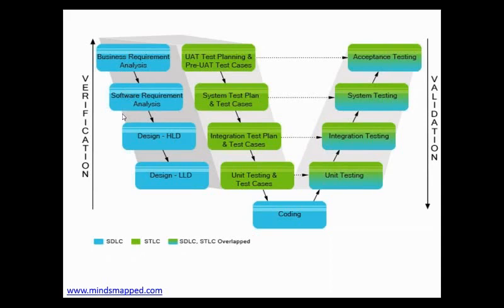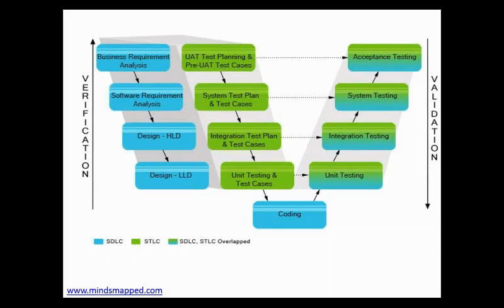Here we are verifying: the low level design document is verified based on the high level design, the high level design is verified based on the software requirement, and then the software requirement is verified based on the business requirement. So this is the software development life cycle.